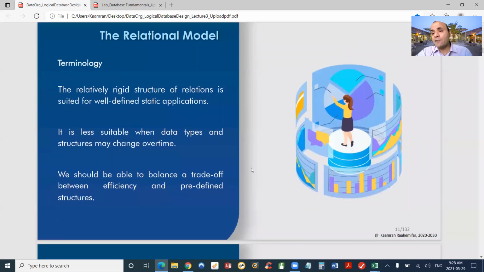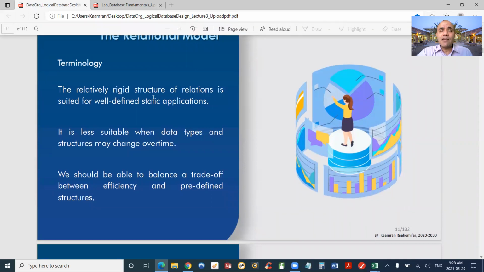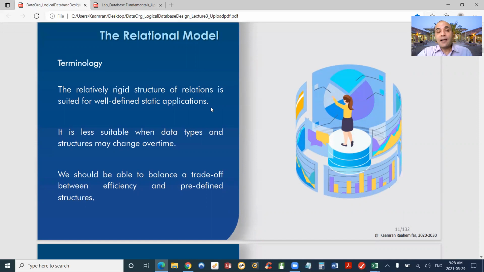Now, here is the challenge with the spreadsheet. The relatively rigid structure of the relationship is suitable for well-defined, static applications, stationary applications that don't change too often throughout their lifespan. If you are going to see changes in the next hour, in the next minute, especially when you have text coming in, voice coming in, YouTube clips coming in, that's going to be a whole set of challenges we need to solve.